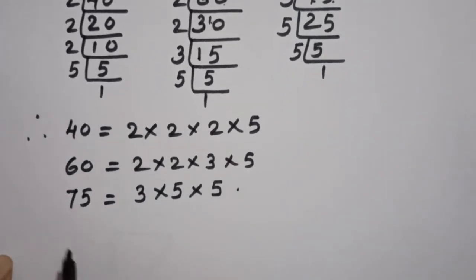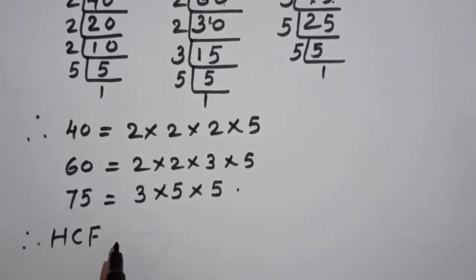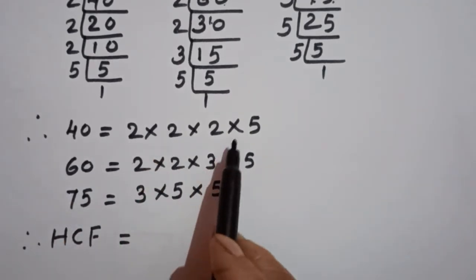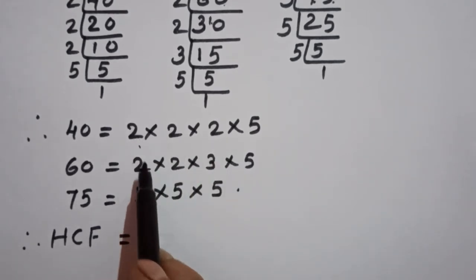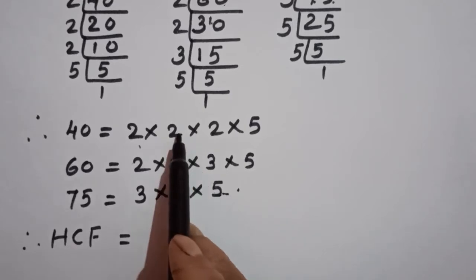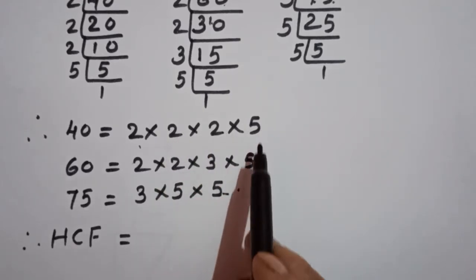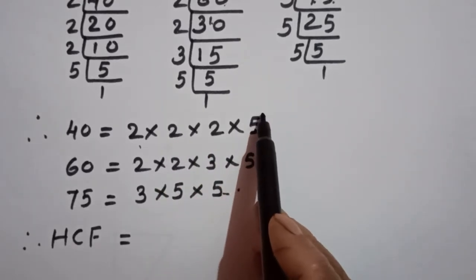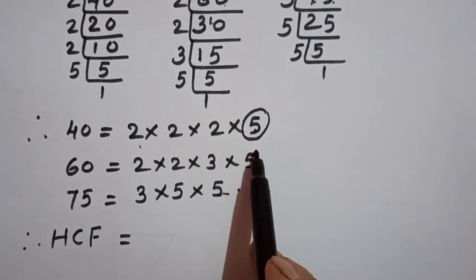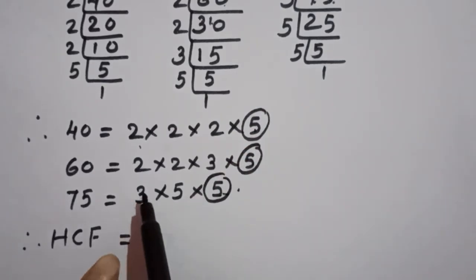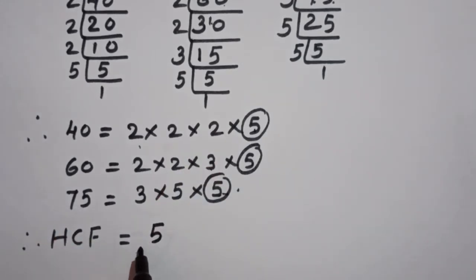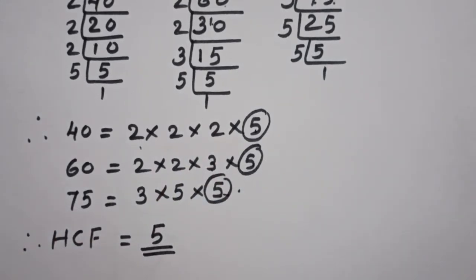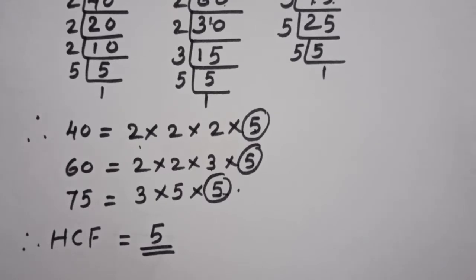Therefore HCF of 40, 60 and 75: mark all the common factors. 2 is in two of them but not in the third, so it is not common. 5 is there in all three places. 3 is in two of them but not in all three. So 5 is the HCF of 40, 60 and 75.